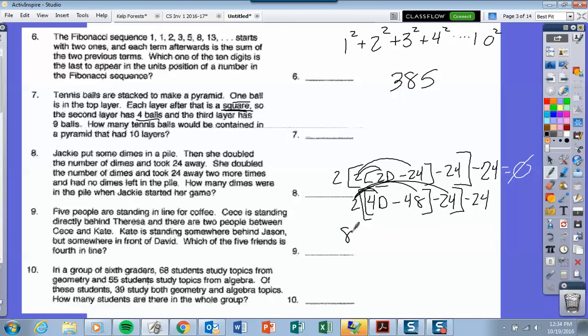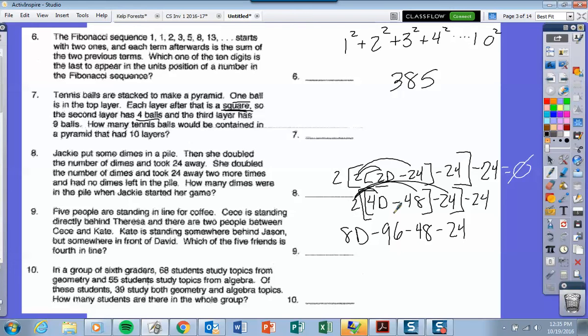That's not going to give me 8d minus 96 minus 48 minus 24. If I go through and start doing some PEMDAS, I can start combining some things here.